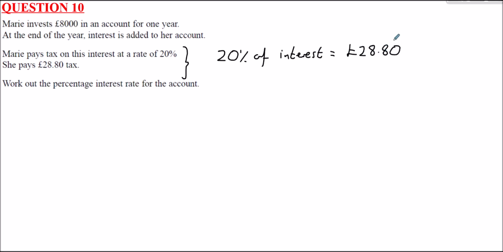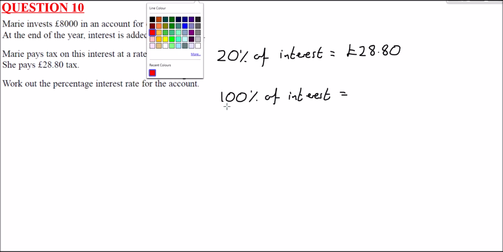Now, we could do working out all of the interest she got, her actual total interest. Now, the total of any amount is 100% of itself. So how can we go and build up to 100% of the interest? Well, how do we go from 20% to 100%?